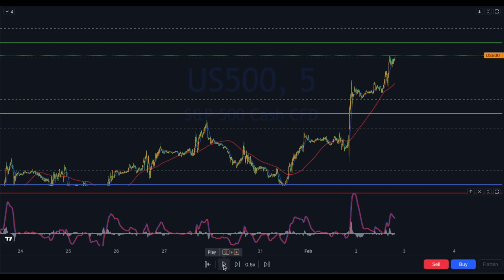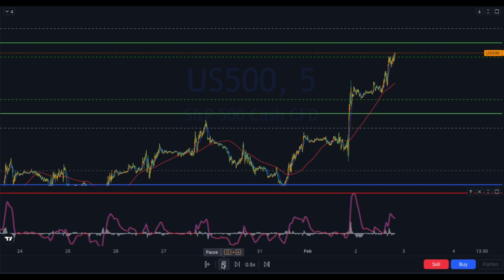Okay, let me just pause it for a second. So this is a low. Okay, cool. The good thing with the 5 minutes is that you can have really tight stops, a really solid tight stop.